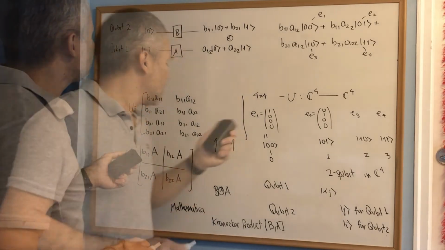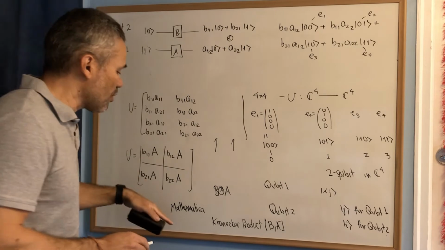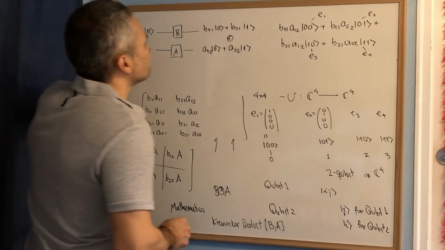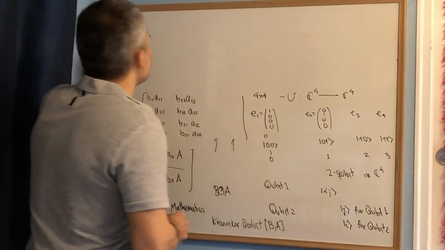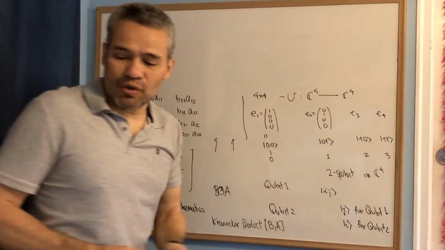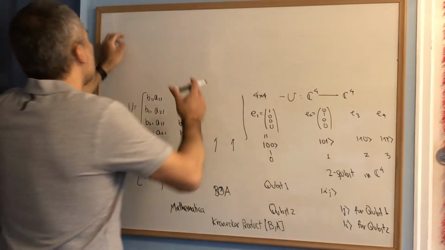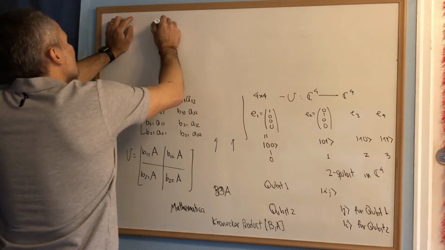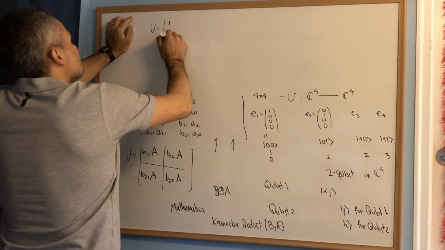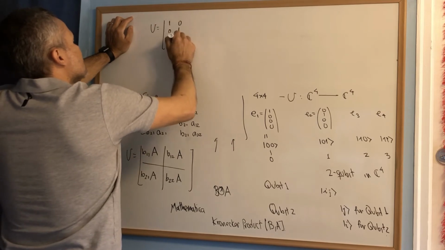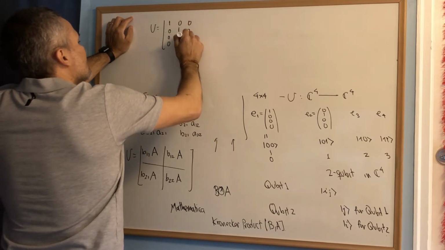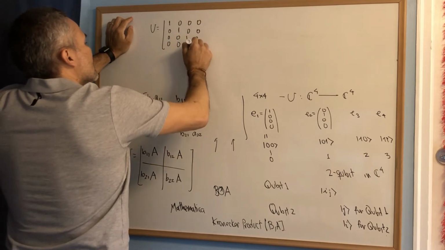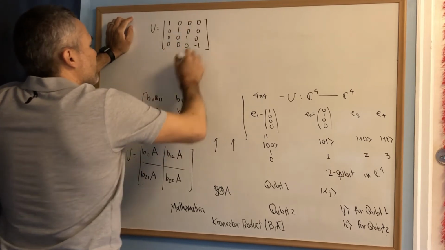Okay, let's see a particular example of a gate acting on two qubits. Remember, we need to have a unitary matrix, but let's think about this unitary matrix. Let's call it U equal to 1 0 0 0, 0 1 0 0, 0 0 1 0, and 0 0 0 negative 1.